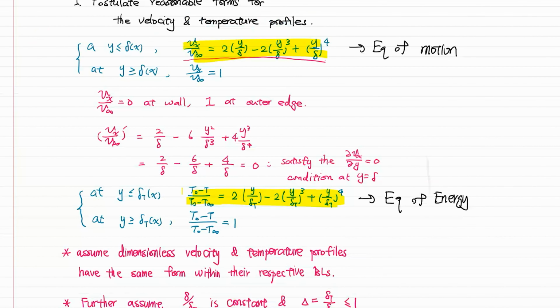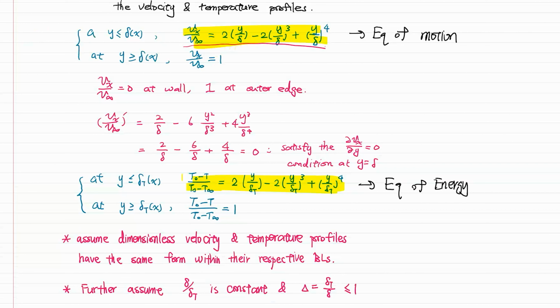And we will assume that basically the thermal and velocity boundary layers have the exact same type of shape, except that they have different thickness. So the ratio between the two boundary layer thicknesses is assumed constant. So they will have the same type of formulation, which satisfies the boundary conditions at no slip condition, and also being equal to the potential flow at the edge with a zero gradient at the boundary layer.